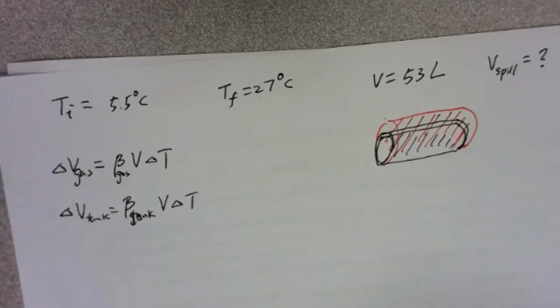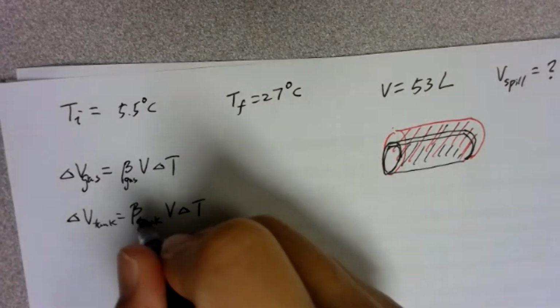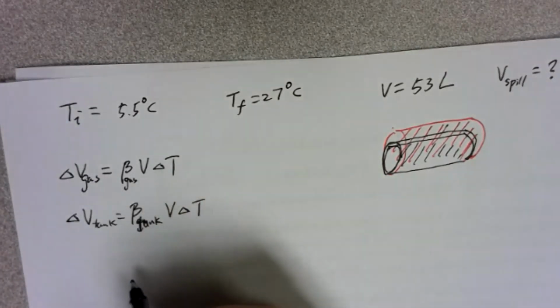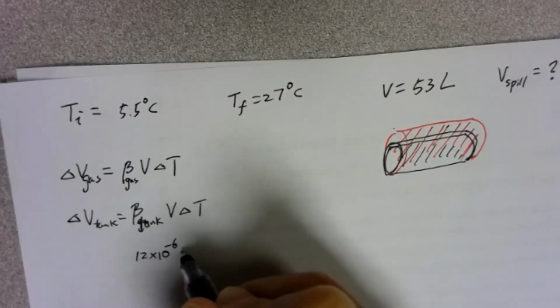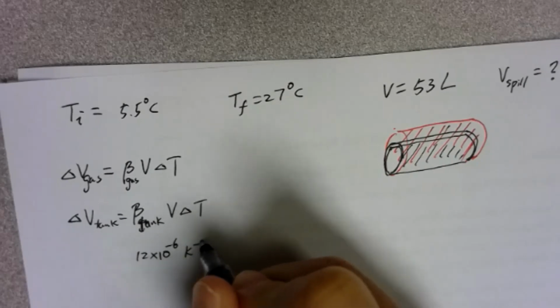You can check your PowerPoint slide. It gives us that for iron, the steel tank, 12 times 10 to the minus 6 Kelvins inverse.